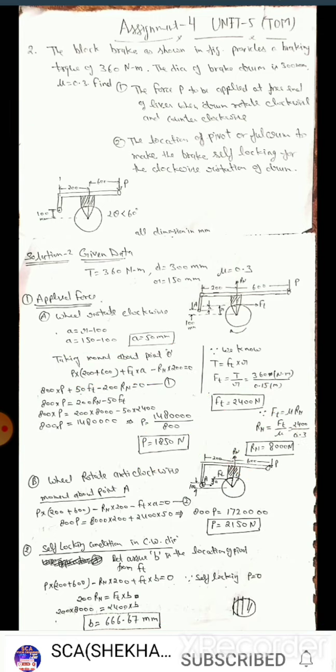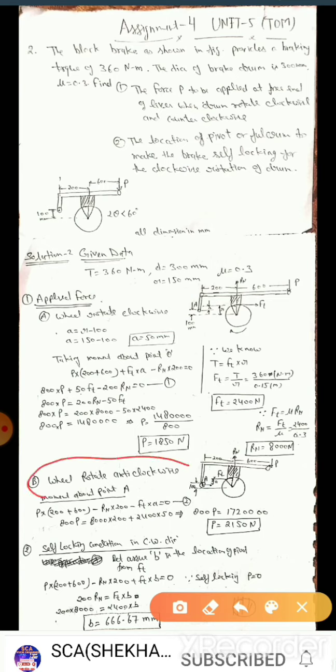Now move on, the wheel rotates in the anti-clockwise direction. Only one difference: Ft tends to the left when the wheel rotates anti-clockwise, and when the wheel rotates clockwise, Ft acts towards the right side.